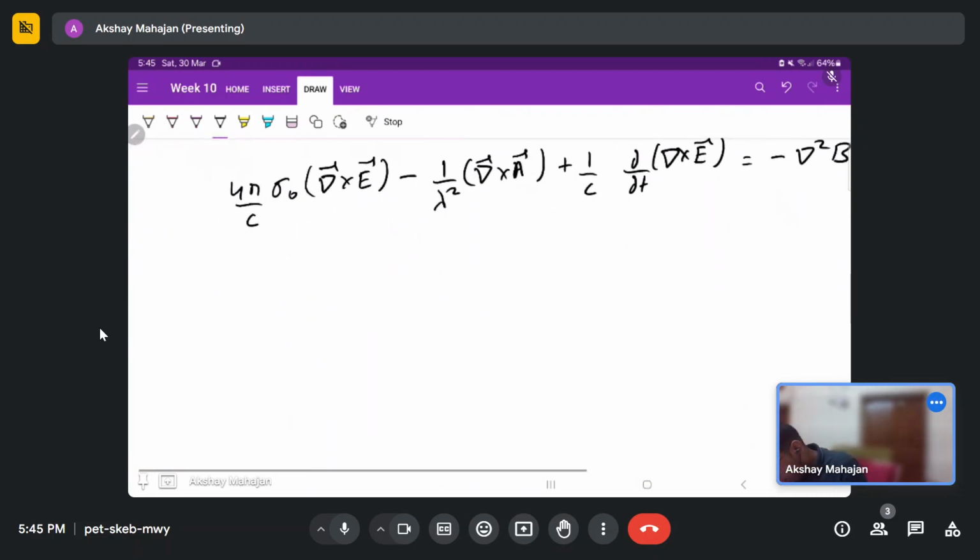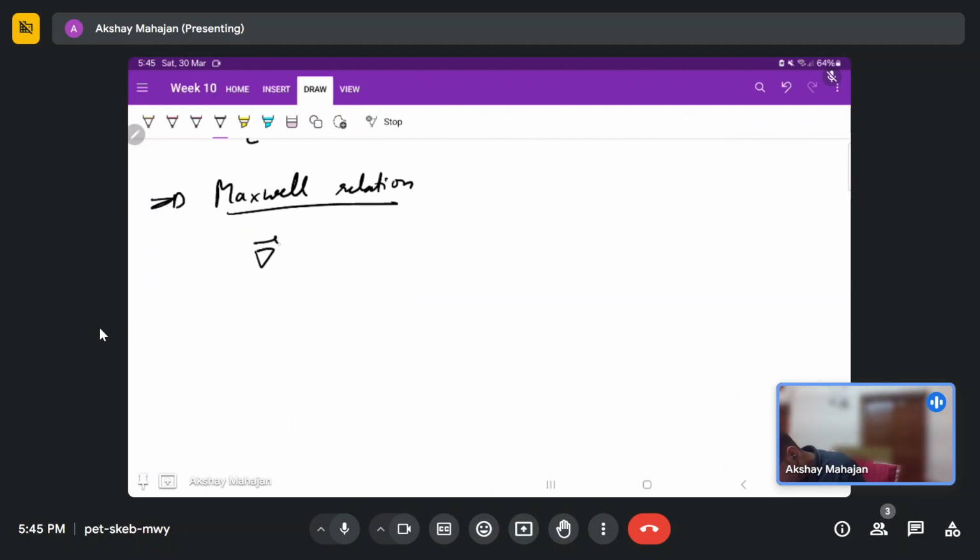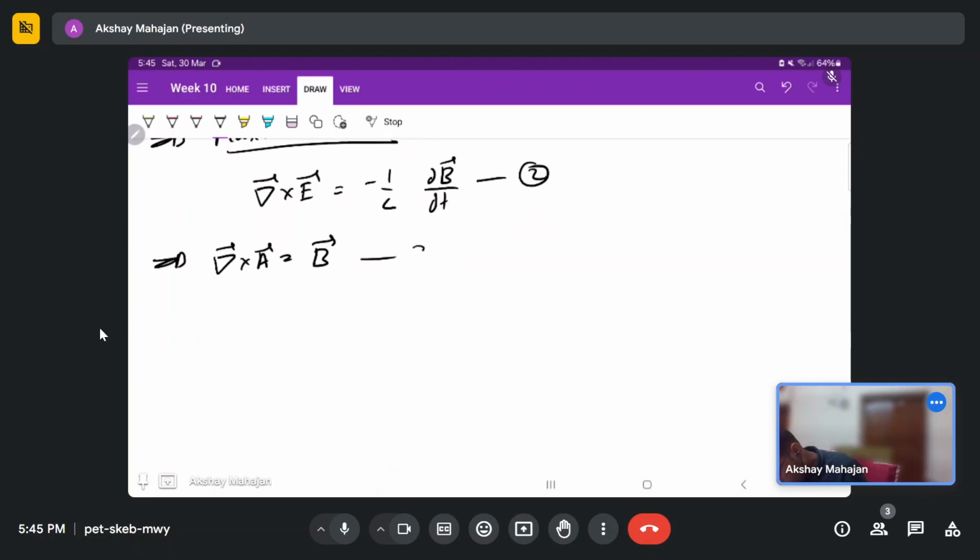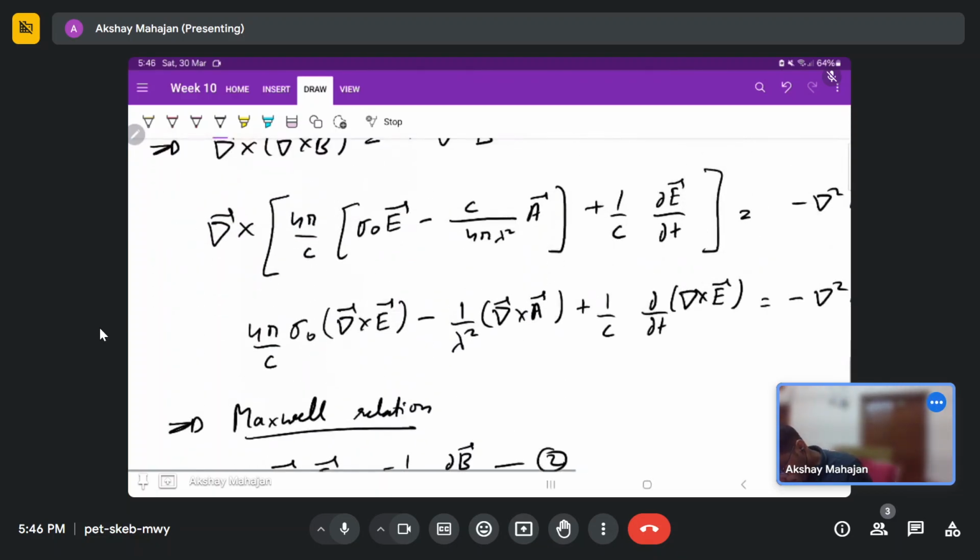Now we know the Maxwell relation, because we have to use it in the problem as well. From the Maxwell relation, curl of E vector is given by minus 1 by C del B vector by del T. Also curl of A vector is basically B vector.